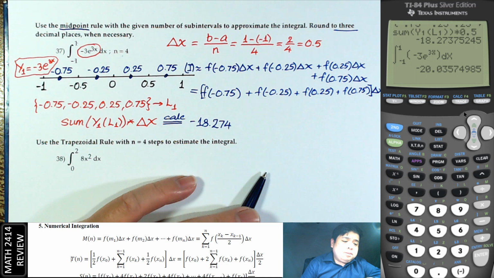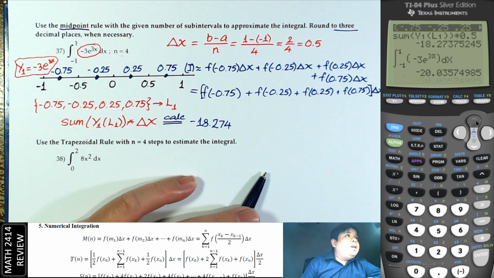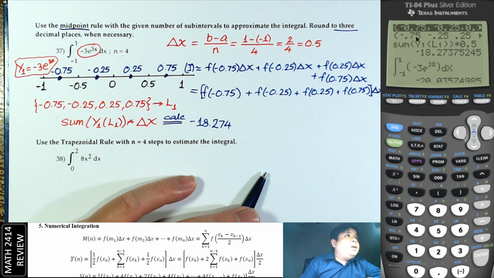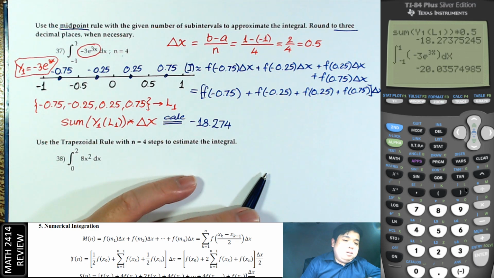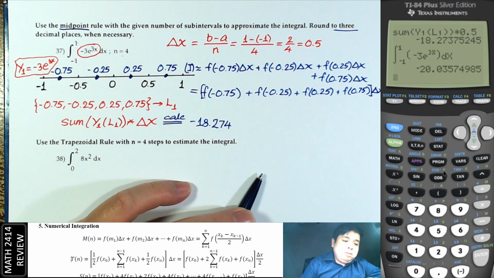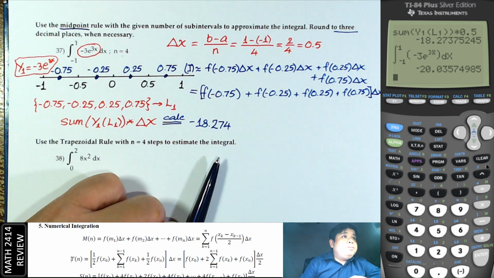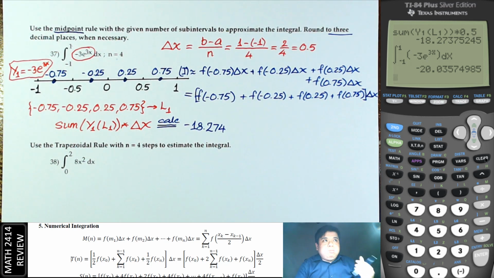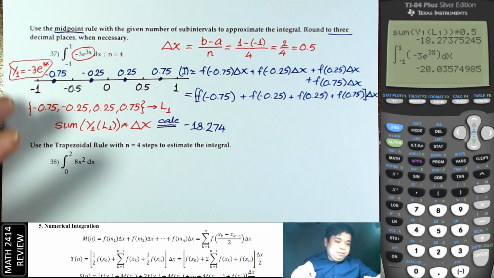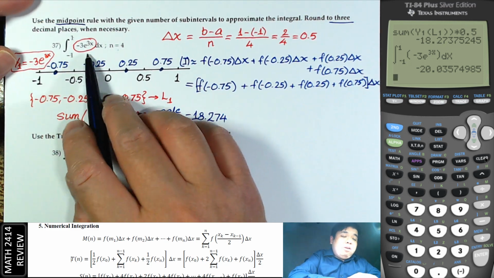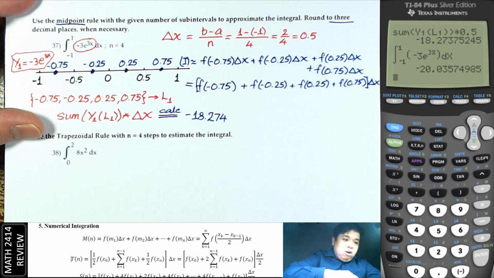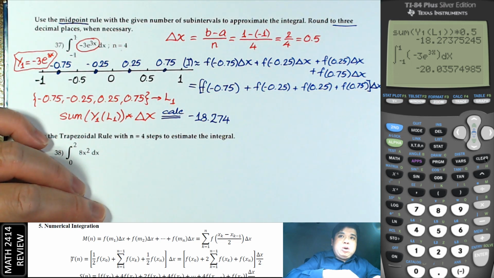Right, so that's good enough. It's not something completely off. Of course, it depends on the function. e to the 3x is an exponential function.